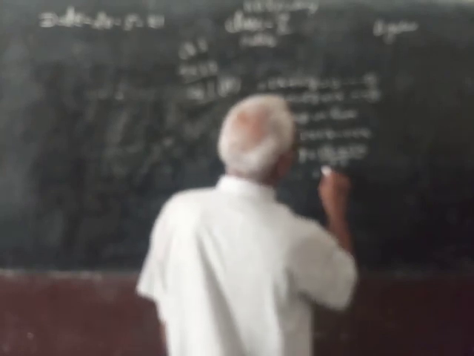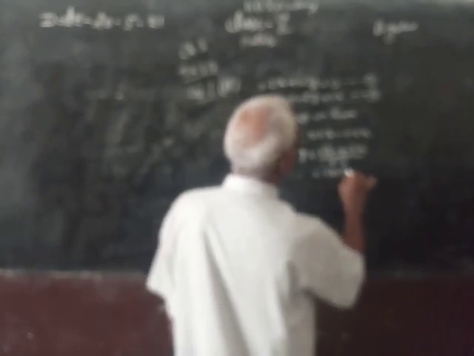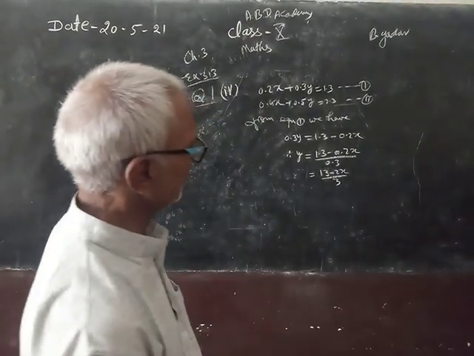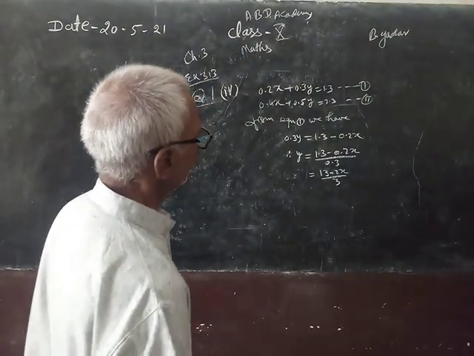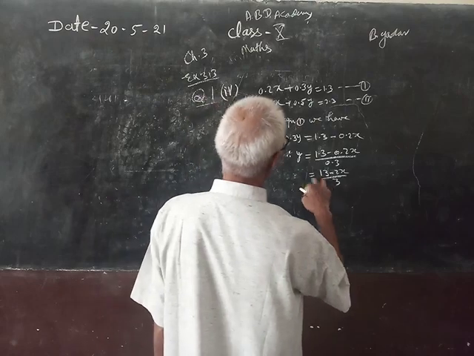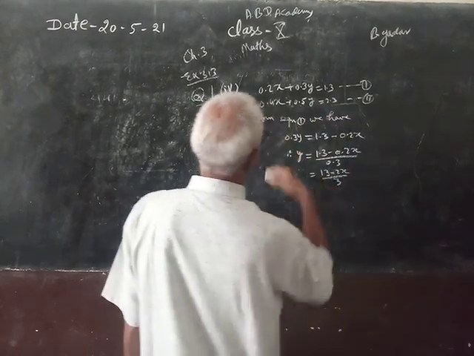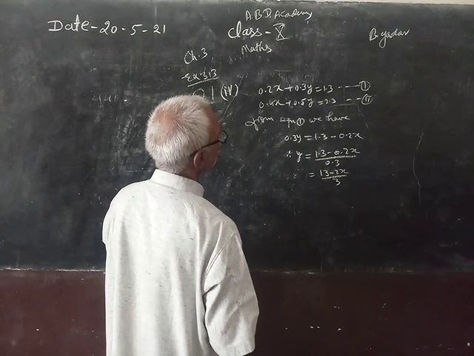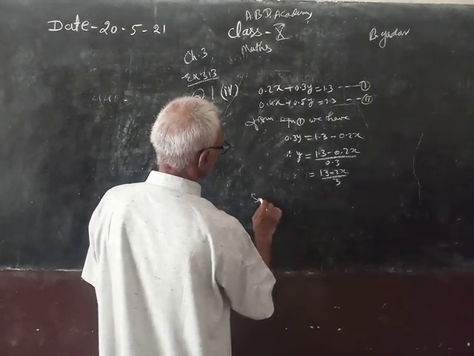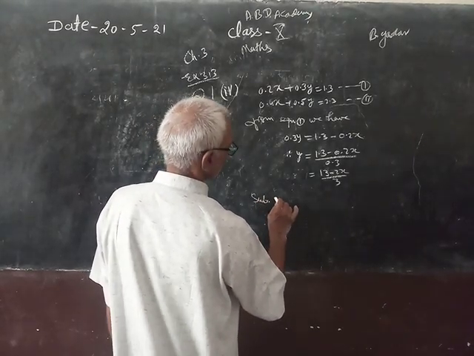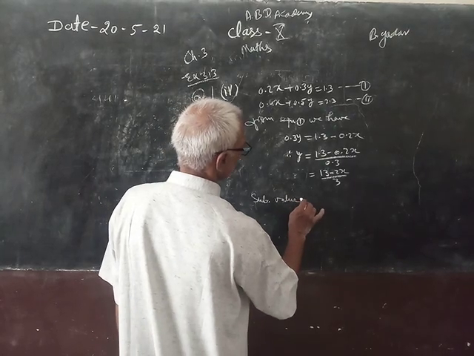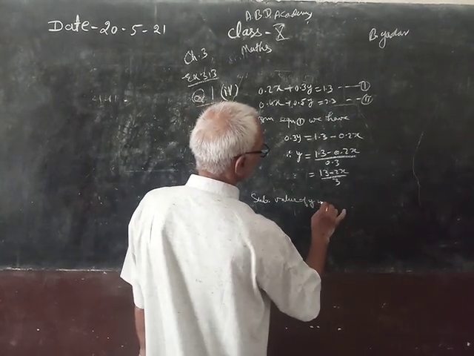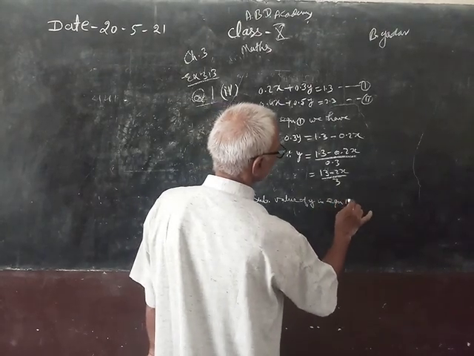On simplification, it will give (13 minus 2x) upon 3. What I did, I multiplied by 10 in both numerator and denominator. This is the value of y obtained from the first equation. Now I shall substitute it in the second. Substituting the value of y in equation 2.